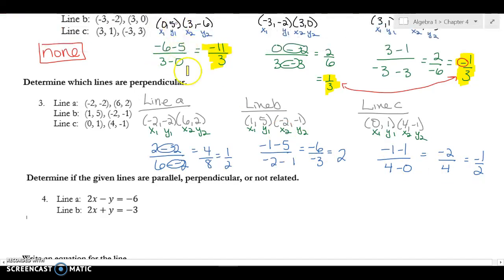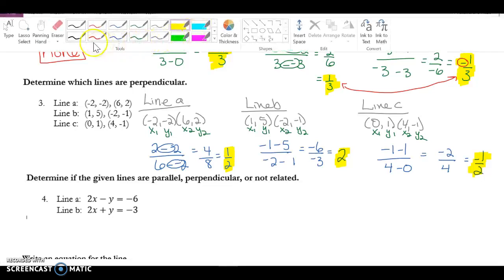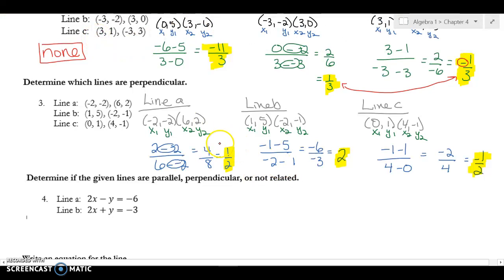So let's highlight the different slopes and see which ones are perpendicular. Now remember, for perpendicular you flip and change, so they have to have different signs. It can be line C with line B or line C with line A. So I've got to focus on this one.